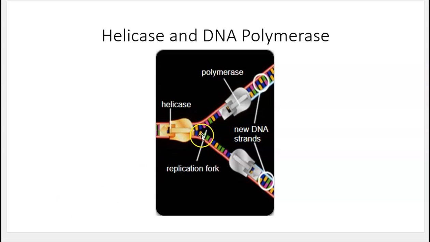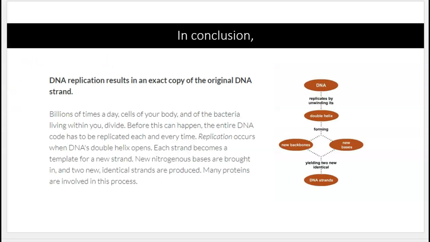So helicase will work here at the replication fork to unzip the DNA molecule, and then DNA polymerase brings in the new strands. In conclusion, DNA replication results in an exact copy of the original DNA strand.